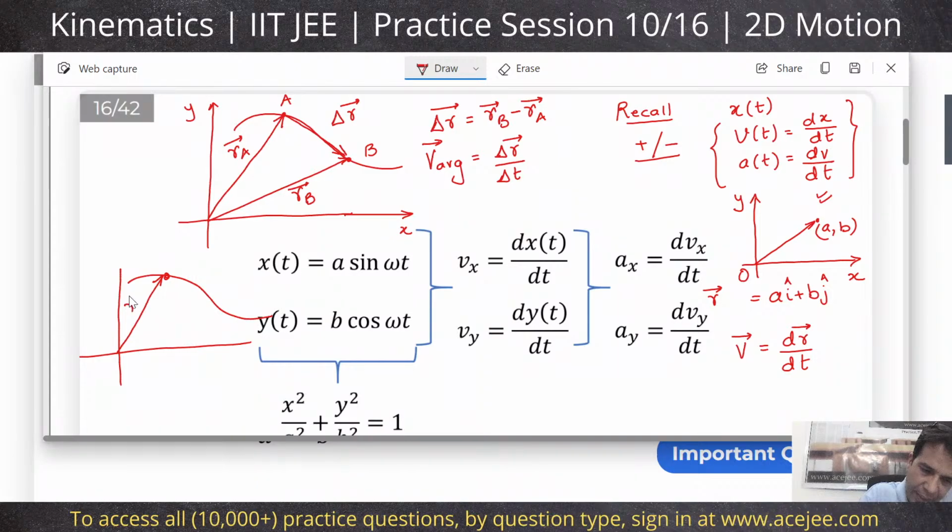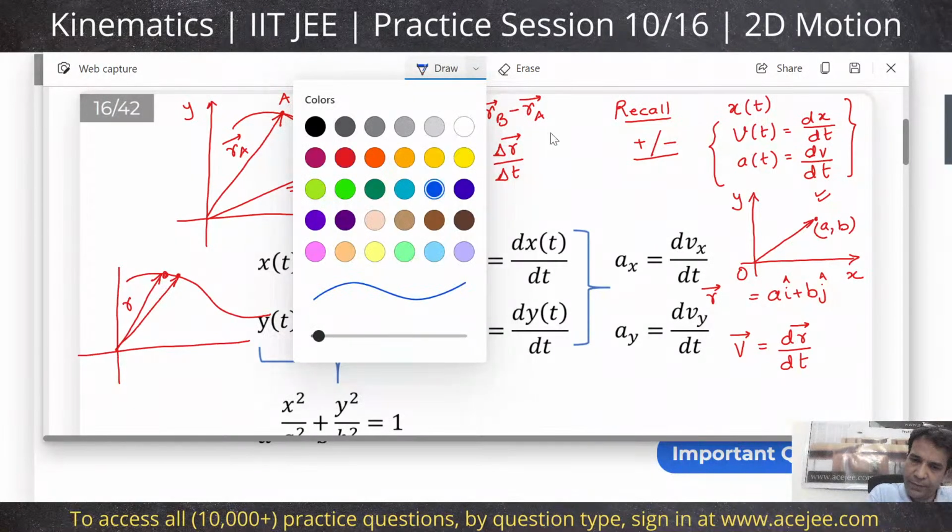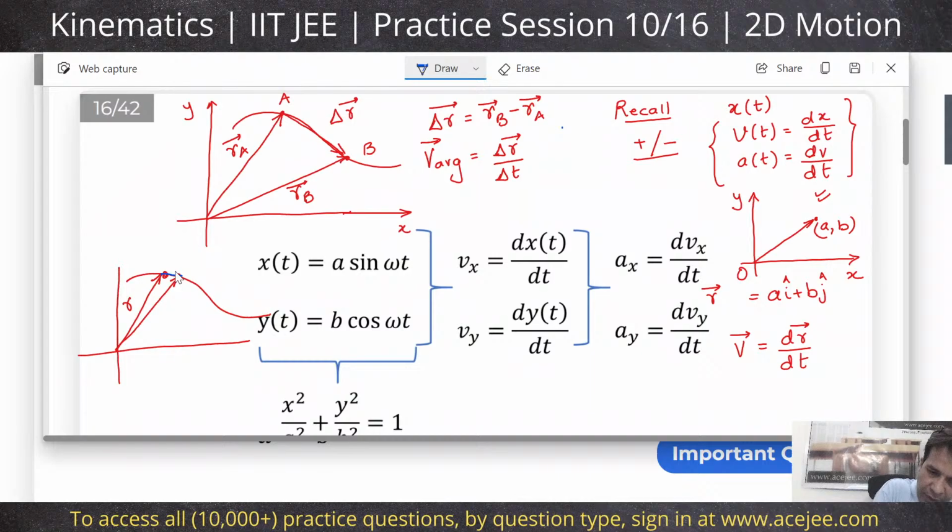So if this is the position vector at some time t, at t plus dt, let's say the particle is here. Let me draw the displacement vector using a different color. The displacement vector is this. This is dr. And the velocity vector is dr by dt. So what does it imply? That the velocity is in the direction of the displacement, which is logical, makes sense.